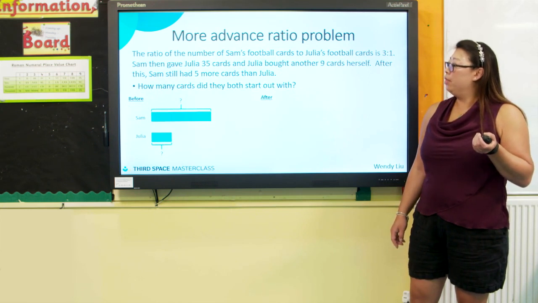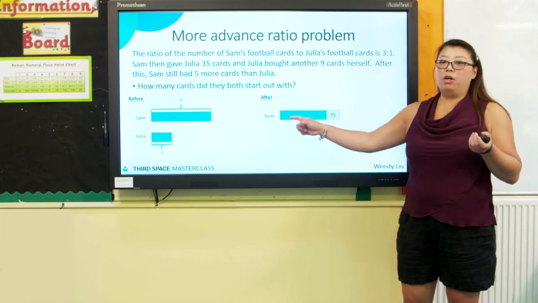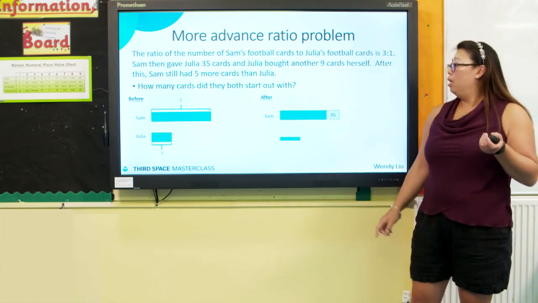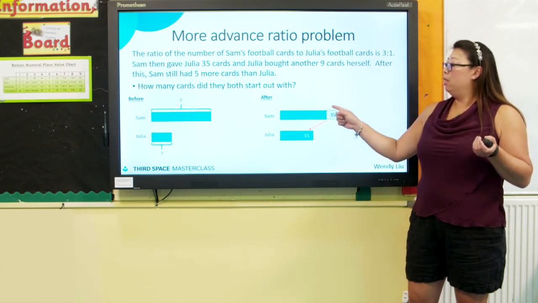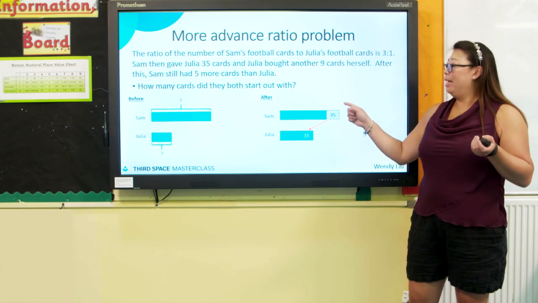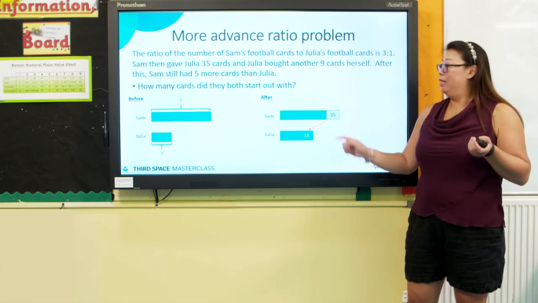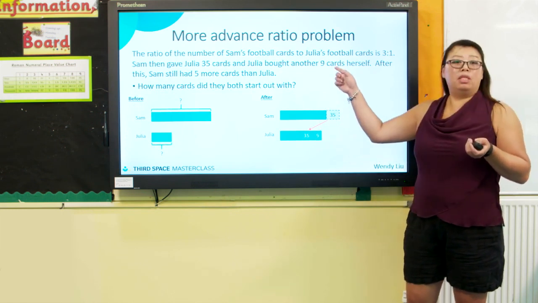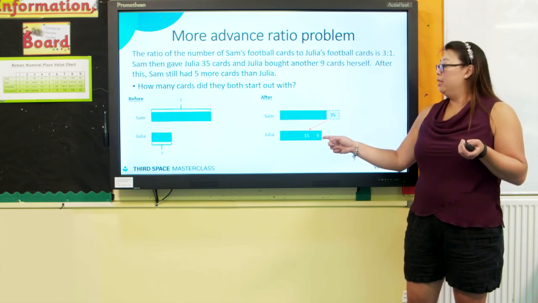So afterwards, Sam had his amount of cards, but he gave 35 cards to Julia. So we can move that 35 down here. I've used a dotted line again to remind myself that that part doesn't exist anymore. We also know that Julia bought 9 cards herself. So there's the 9 represented.